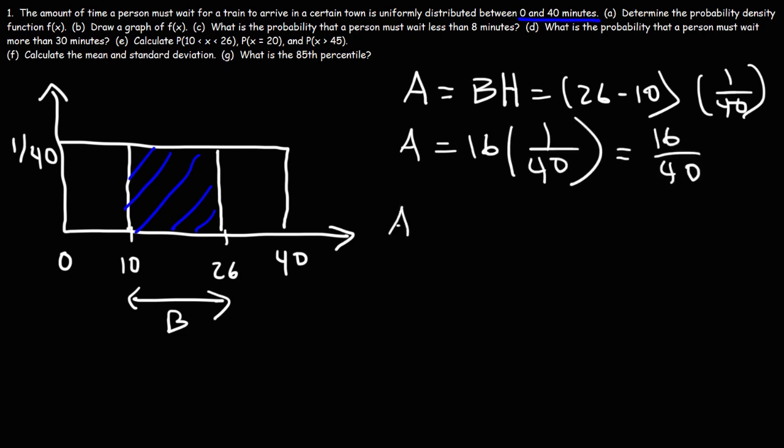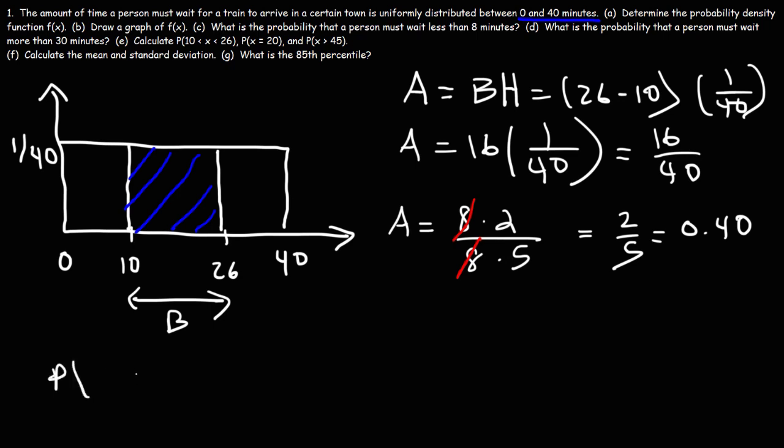Now, we could simplify that fraction. 16 is 8 times 2. 40 is 8 times 5. 8 divided by 8 is 1. And so the area is 2 over 5. Now, 2 divided by 5 as a decimal, if you type that into your calculator, that's going to be 0.40. So the probability that x is between 10 and 26 is going to be 0.40 or 40%.